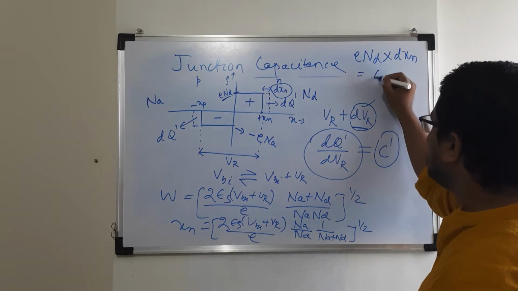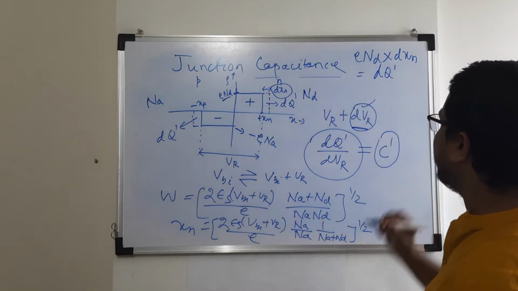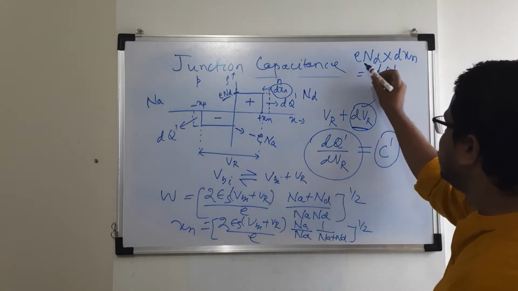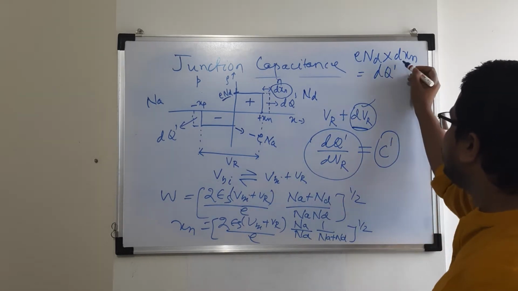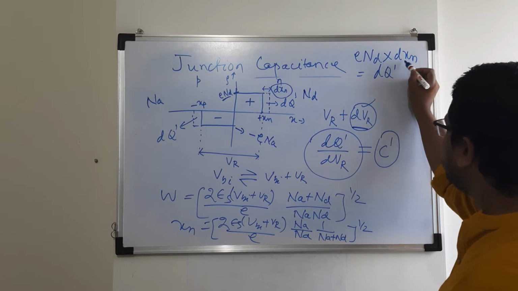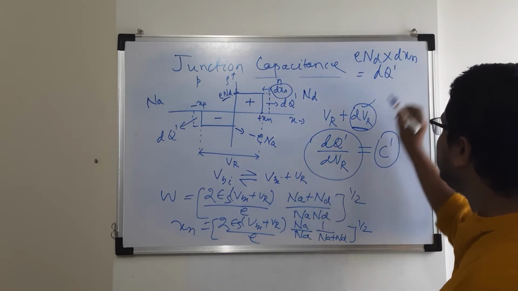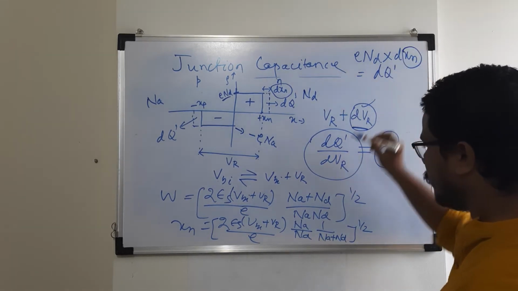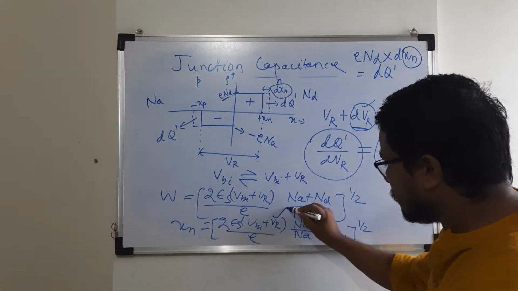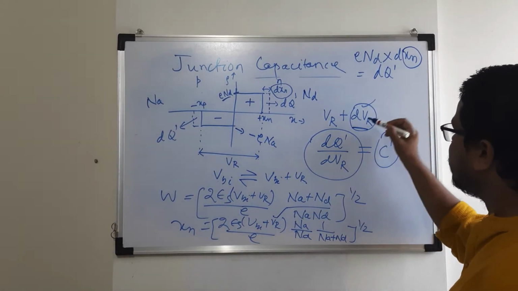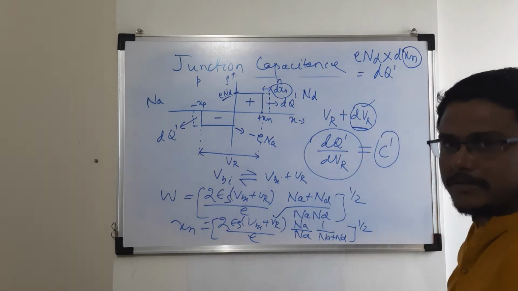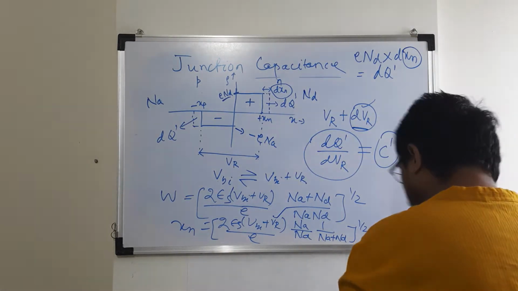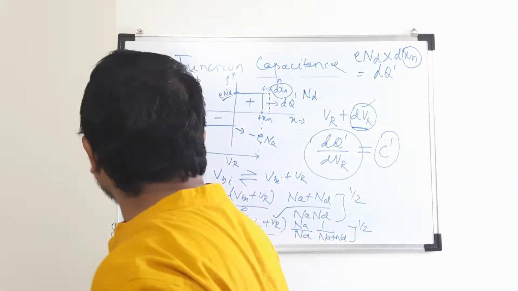So that is nothing but your dq dash. In place of dq dash, I can substitute eNd dxn, and then dVR. This xn is a function of VR, so I can take the derivative d by dVR of xn. That is the simple way to find the junction capacitance.